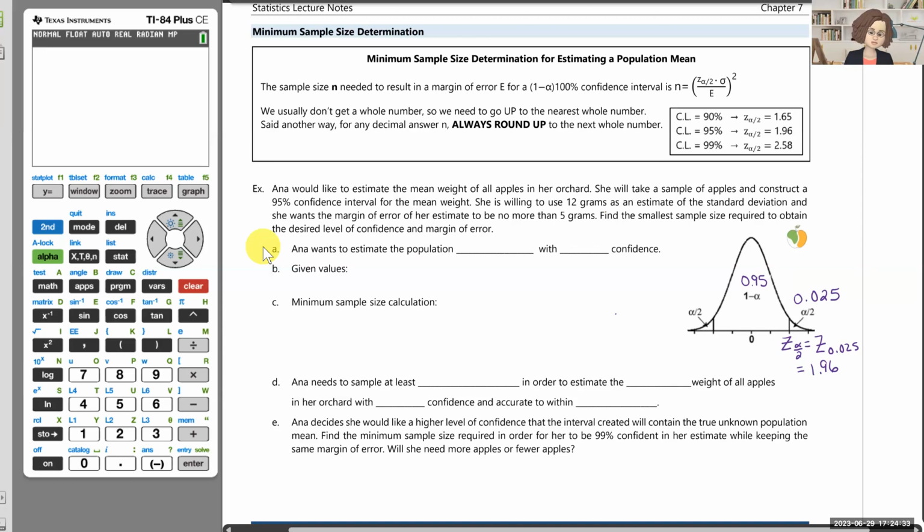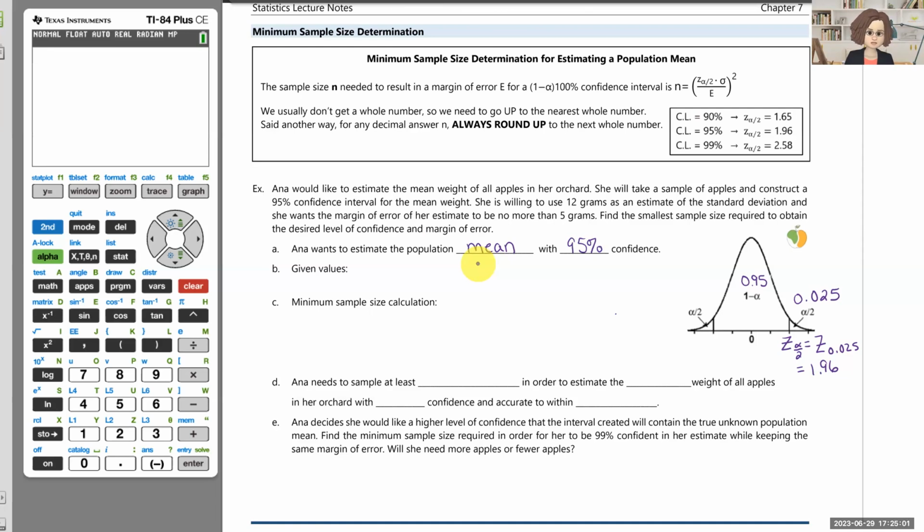All right, so let's find the smallest sample size required to obtain her desired level of confidence and margin of error. Anna wants to estimate a population mean. I'm having us write that because later we'll learn to estimate a different parameter and we'll have a different formula for N. So this formula only applies when we're estimating a mean, as we are here. And she wanted to be 95% confident when she's done.